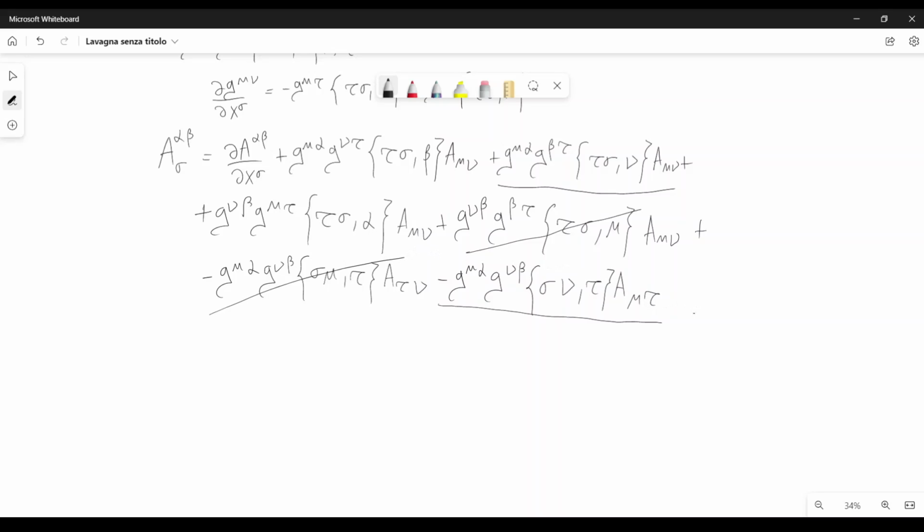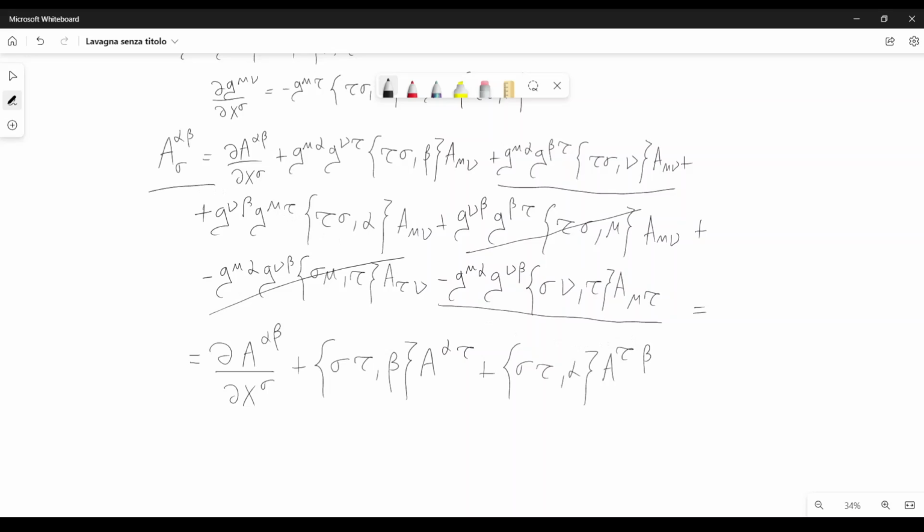So this expression simplifies quite a lot, and we get the derivative of A^{αβ} with respect to x^σ plus Γ^β_{στ} A^{ατ} plus Γ^α_{στ} A^{τβ}.